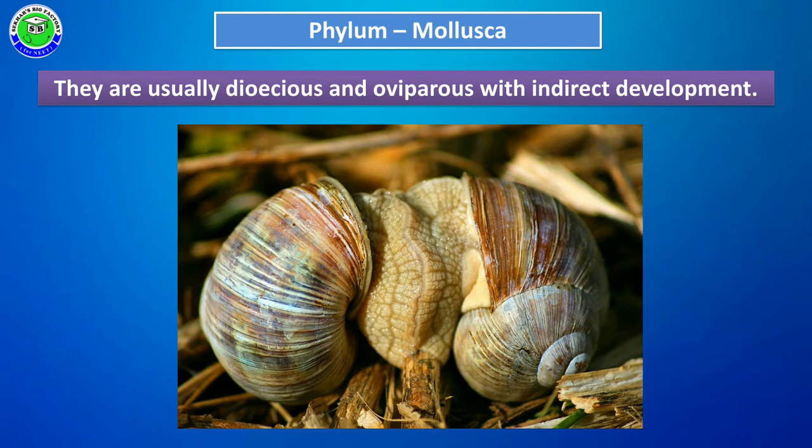These members can perform sexual reproduction. In Mollusca members, male and female individuals are separately present, called dioecious. During sexual reproduction, male gametes are transferred from the male individual to the female individual, and after fertilization the fertilized eggs are laid outside of their body, so they are called oviparous animals.